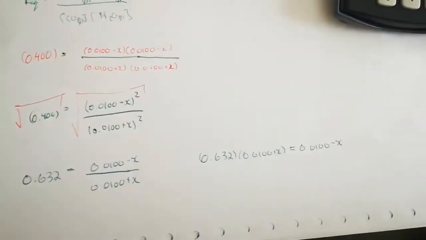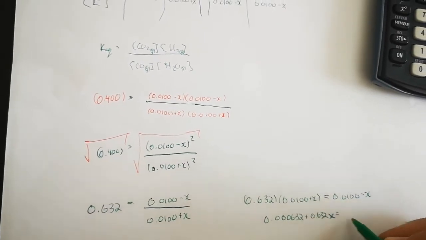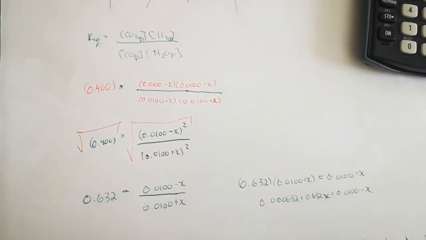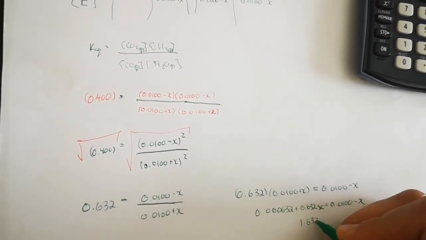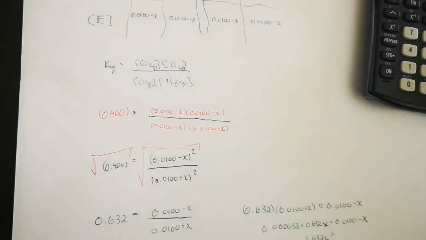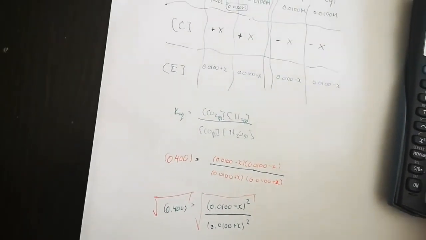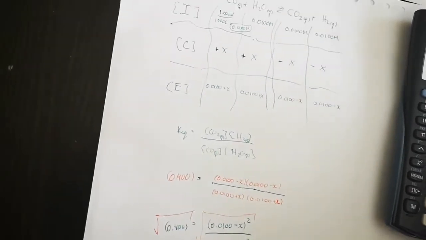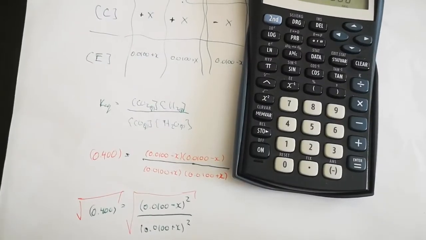Now we're going to multiply both sides by our denominator. We use the distributive property. We'll combine like terms, so we'll add X to both sides. So we've got 1.632X is equal to 0.00368.